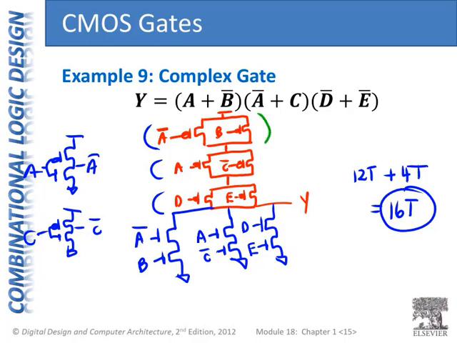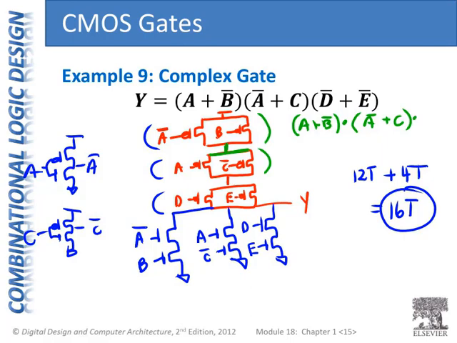The function of those two transistors is A or B bar. They're in parallel, so they're in an OR relationship. And they're in series with the next group of transistors. So series means and. The next group of transistors is A bar or C. Those are in a parallel relationship, so they're in an OR relationship.